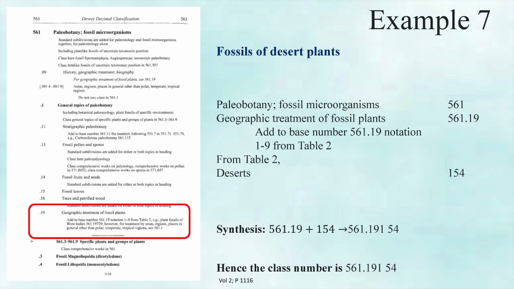We find the number for desert, that is 154, and accordingly the number will be 561.19154.